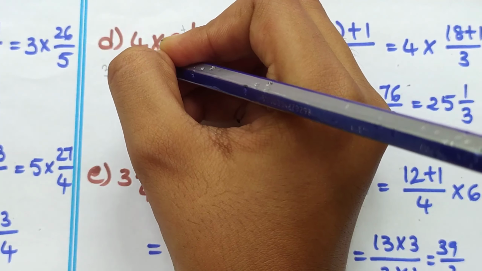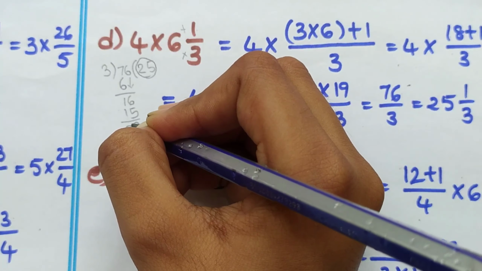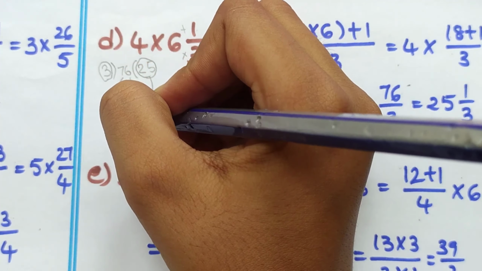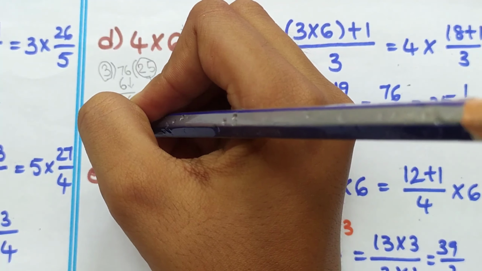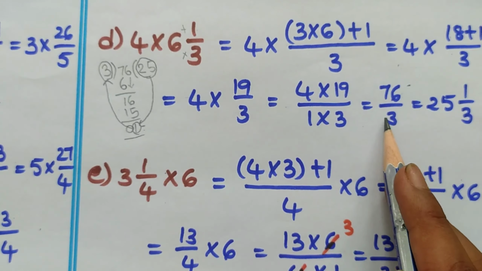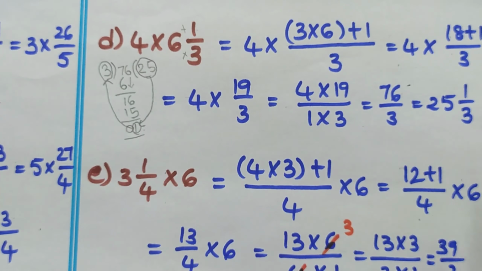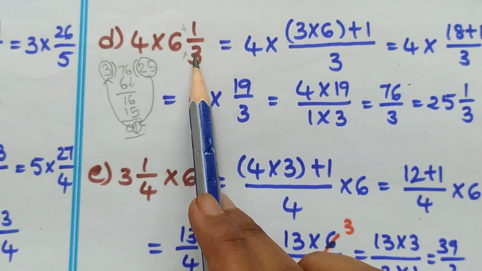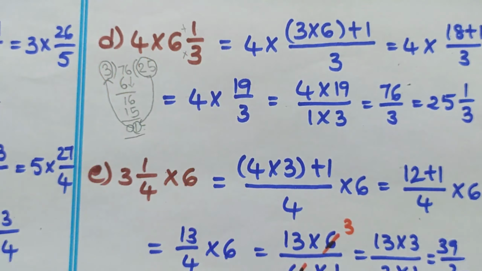First the 25, second is 1 and third is 3. So 25 1 by 3. See here friends, 76 by 3 converted into mixed fraction, we get 25 1 by 3. Therefore the answer for this question, 4 into 6 1 by 3, that is the D bit, is 25 1 by 3. Is it clear friends?